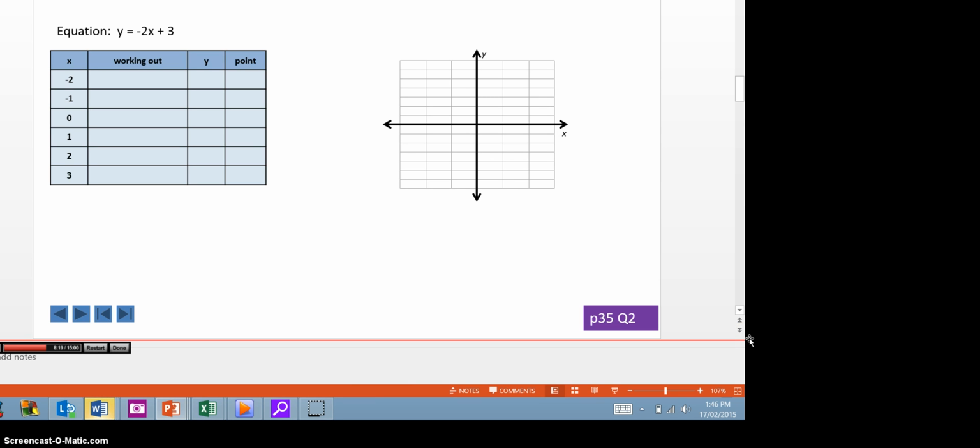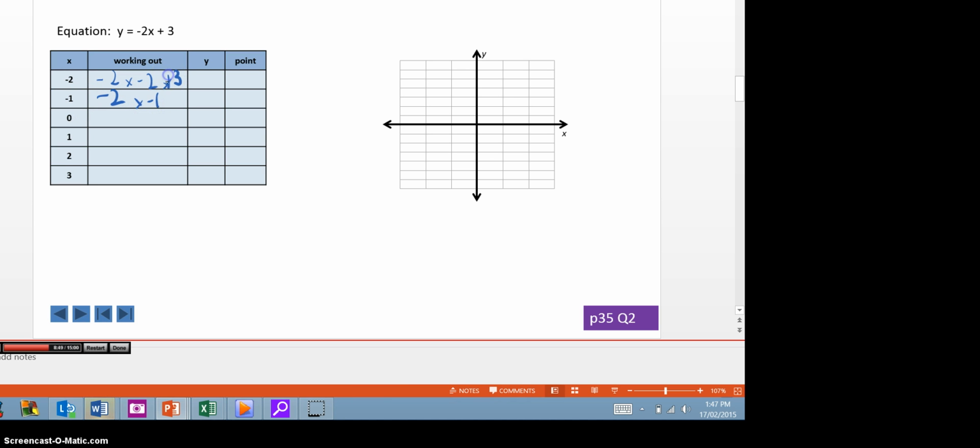So we're going to do the same thing. We're going to substitute all our values in. You'll notice that you're going to have the same pattern. It's going to be negative 2 times your value for x here, plus 3 each time. So you may wish to set your working out and do the same pattern each time. So instead of substituting here negative 2, the next time it's going to be negative 1.